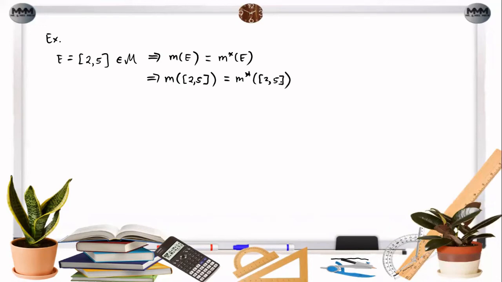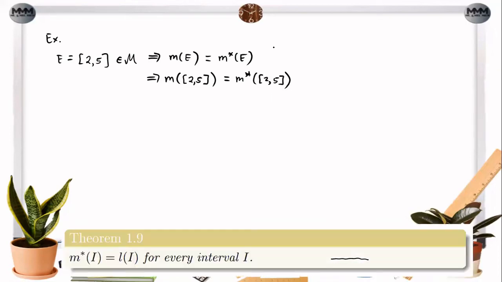Follow? Now, what is the Lebesgue outer measure of the closed interval? Recall that by Theorem 1.9, the Lebesgue outer measure of I, where I is an interval, is just equal to the length of I.